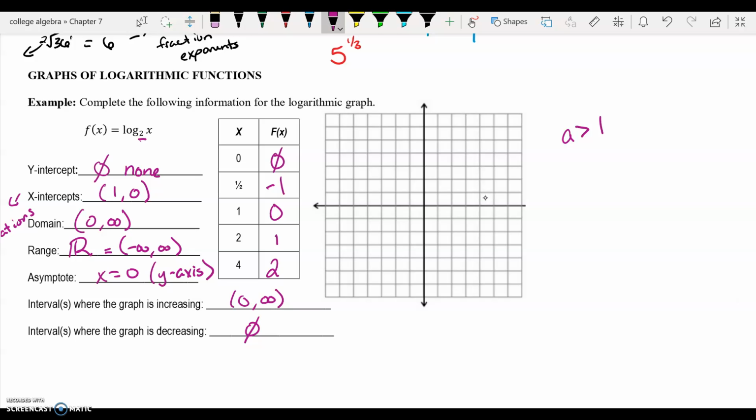So let's graph this. 1/2, -1 is right here. 1, 0. 2, 1. 4, 2. So again, if it has a base greater than 1, the general shape of your graph should look something like this.